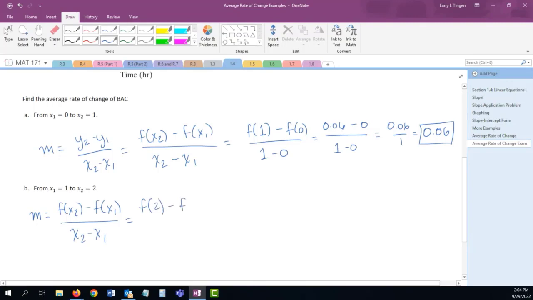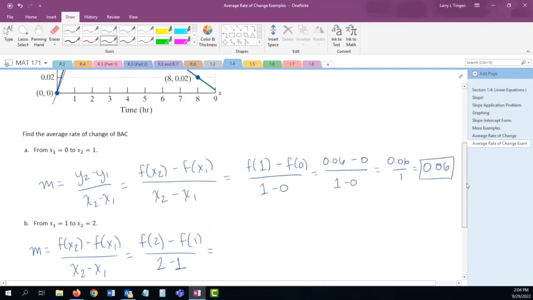That's f at 2 minus f at 1 over x sub 2, which is 2, minus x sub 1, which is 1. It's a coincidence that the 2 and the 1 are the subscripts down there, because that's not what always happens. As you can see right here, x sub 2 is 1, x sub 1 is 0.